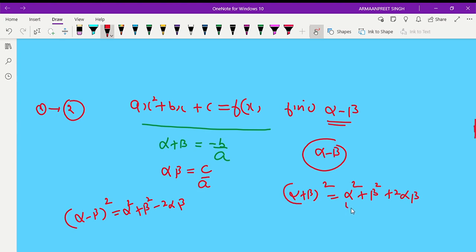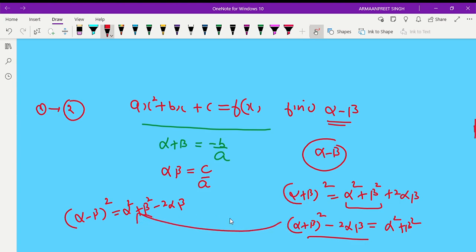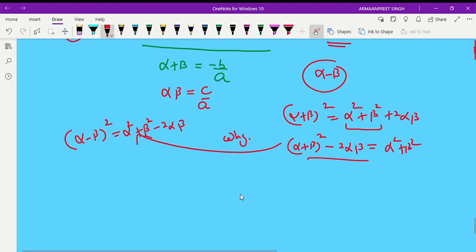Now alpha square plus beta square is alpha plus beta whole square minus 2 alpha beta. So now substitute this value in this. Why? Because we want to express the given expression in terms of alpha plus beta and alpha beta, this is the given expression which we want to find.